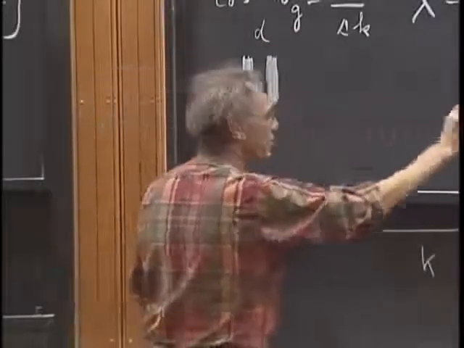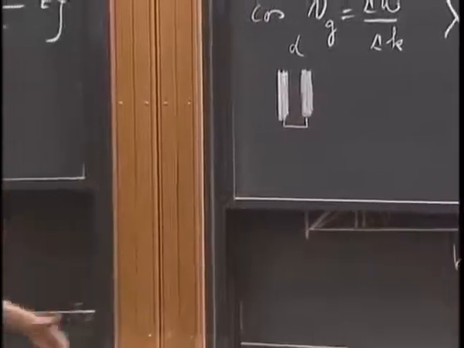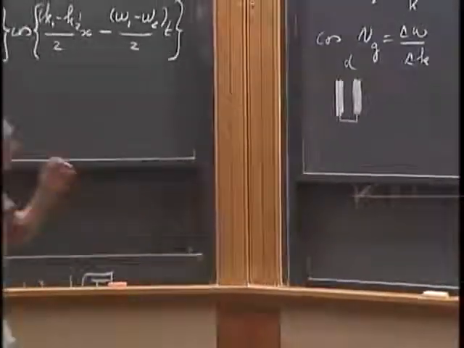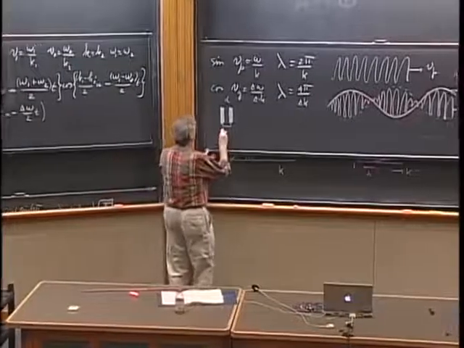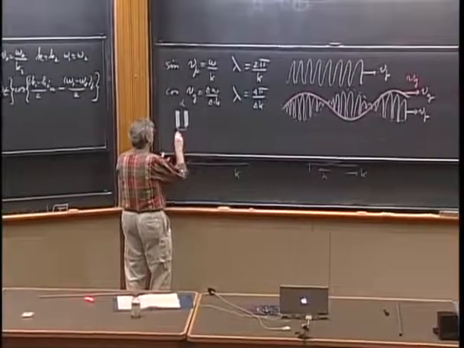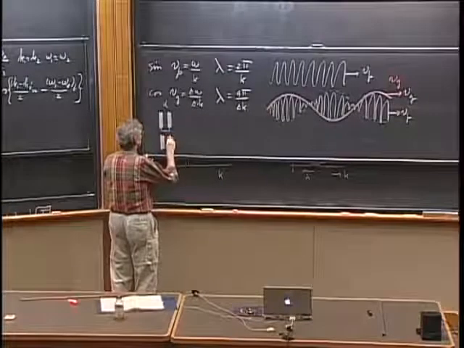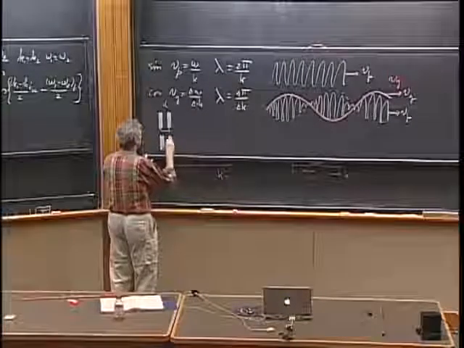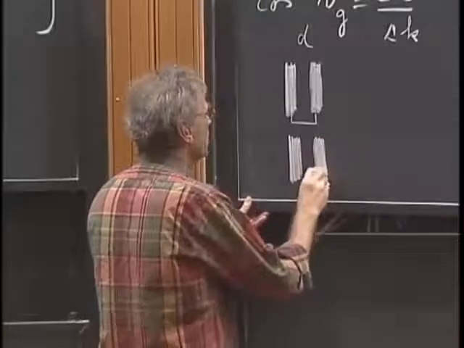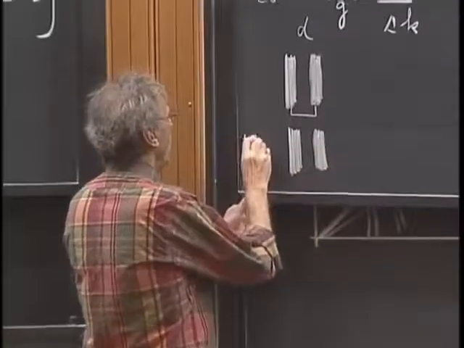And I have many of them, maybe 100, I didn't count them. And I have another transparency which has bars which are 5% thicker. And also the opening between them is 5% larger. So here we have 1.05 d.